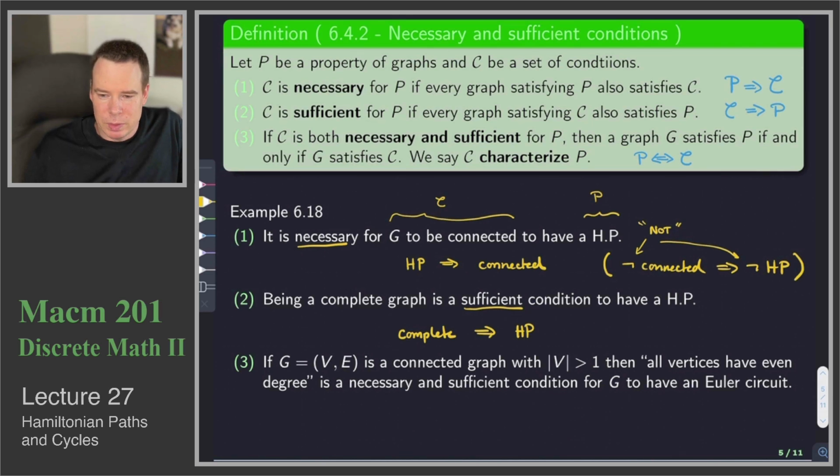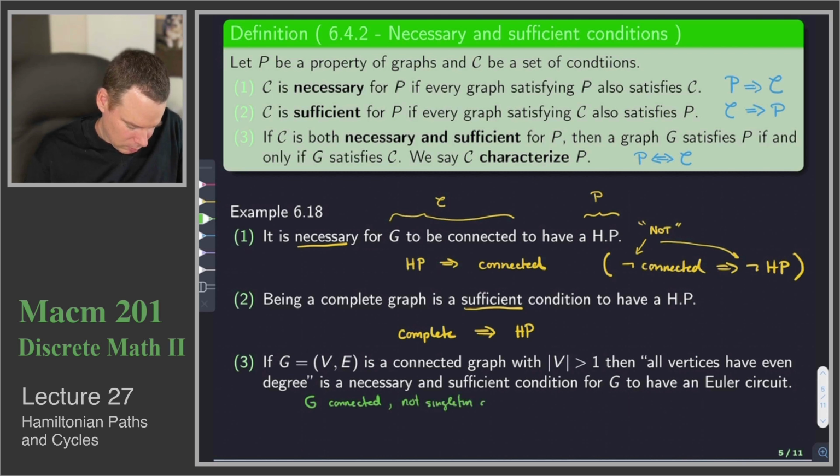So those are examples of necessary and sufficient conditions. How about a necessary and sufficient condition? Well, we don't have one for Hamilton paths. We do have one for Euler circuits, so that's the one we're going to base this example off of. So we're going to start with the assumption that G is connected and not the singleton graph.